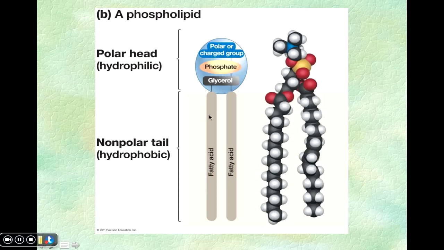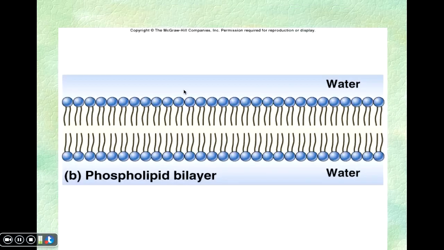So what are the implications? Well, it turns out that the fatty acids are indeed hydrophobic, so they don't mix well with water, but the phosphate group is hydrophilic. It tends to be attracted to, or it mixes well with water. So here we have these single molecules with both hydrophobic and hydrophilic regions. What are the implications?